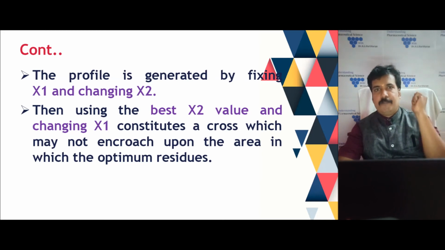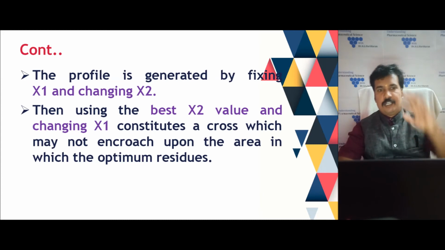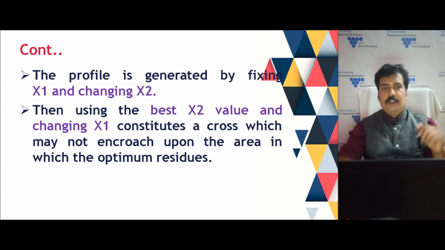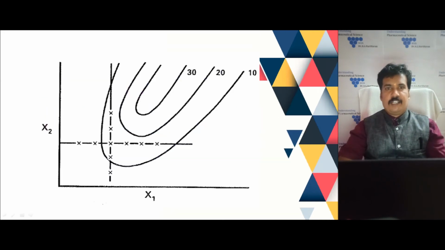Then I get the best value of x2. Keeping x2 constant, I change x1 and get another graph. From this graph, we get the final maximum yield and the concentrations of x1 and x2 that provide it. Those concentrations can be used as the optimized concentrations for the fermentation media.